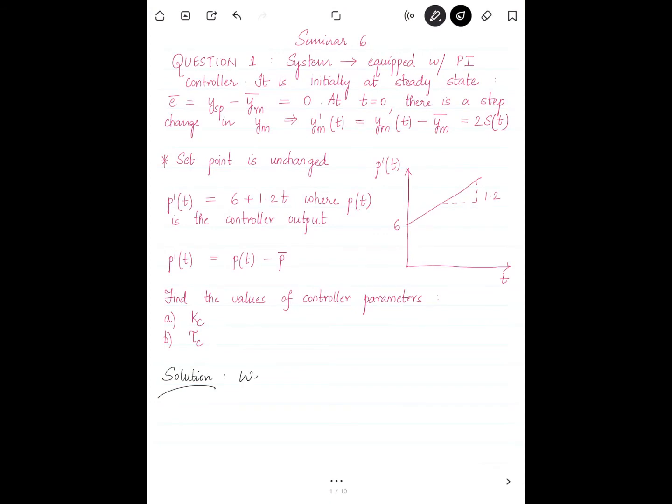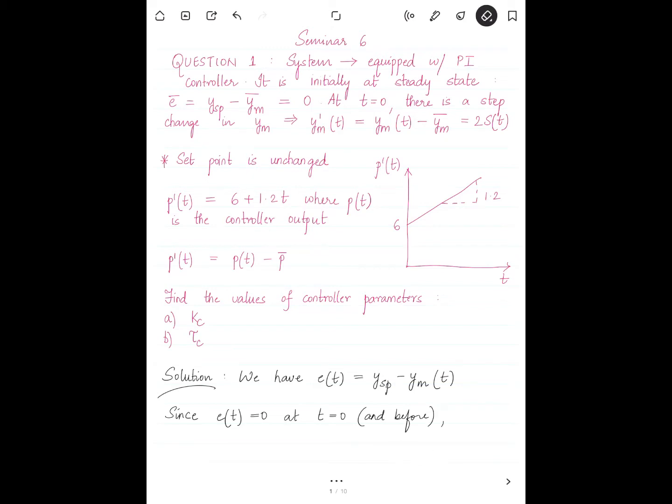So let us start off with solving question 1. And in this question, we begin by choosing the error term. E of t equals y set point minus the measured variable. This is also the controller input, if you remember. Now, since we have E of t equals 0 at time t equals 0, that is just before the step change was introduced, the system was at steady state, and we were told that steady state error is equal to 0.